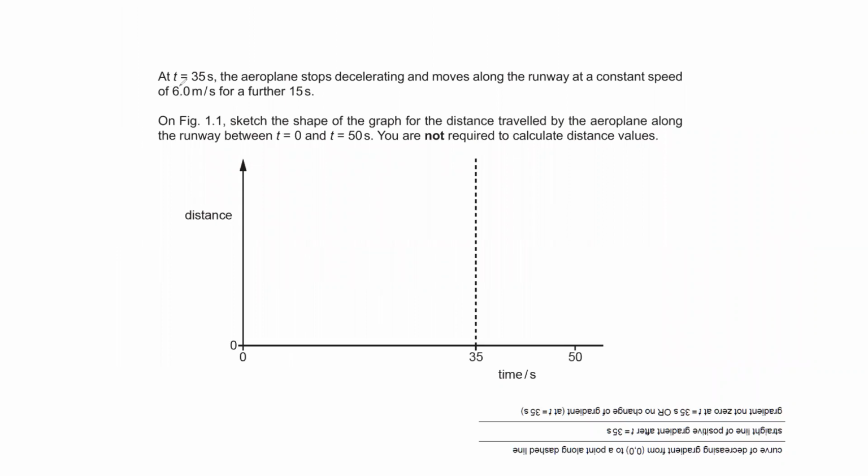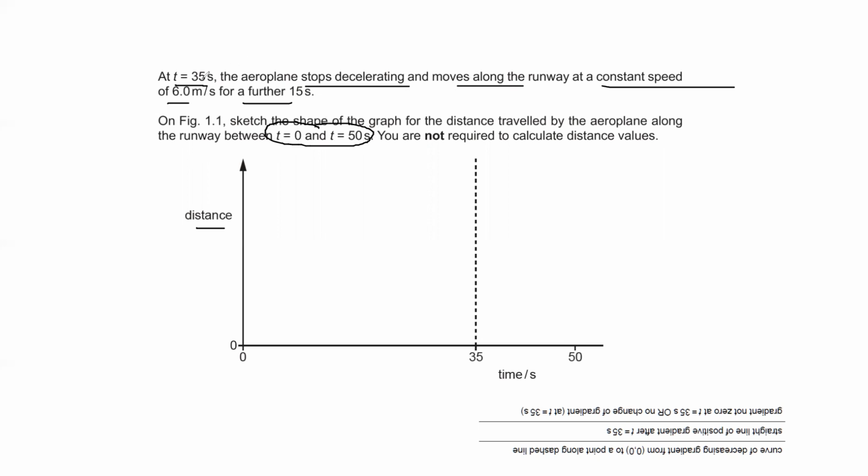At t equals 35 seconds, an airplane stopped decelerating and moved along the runway at a constant speed of 6 meter per second for a further 15 seconds. On a figure, sketch the shape of a graph for distance time for an airplane along the runway for 0 to 150 seconds.